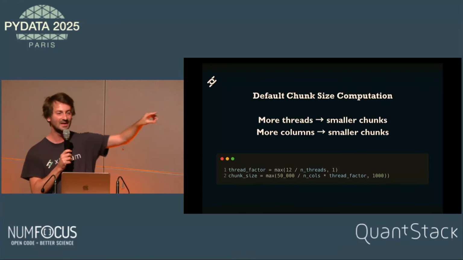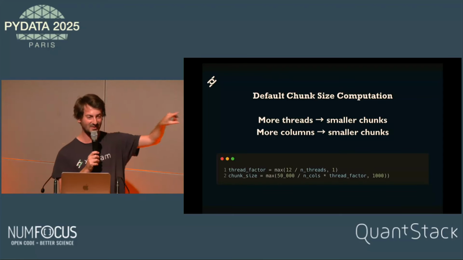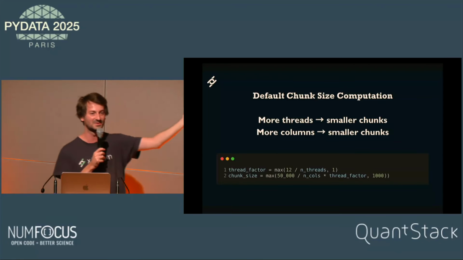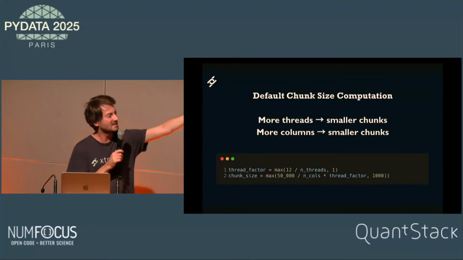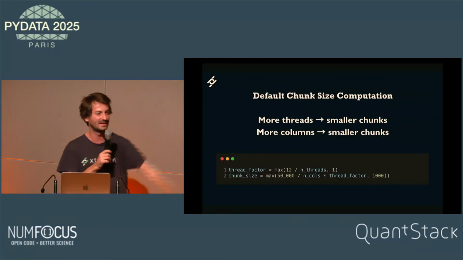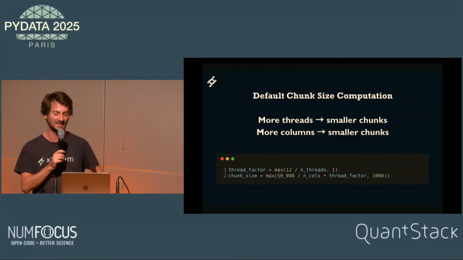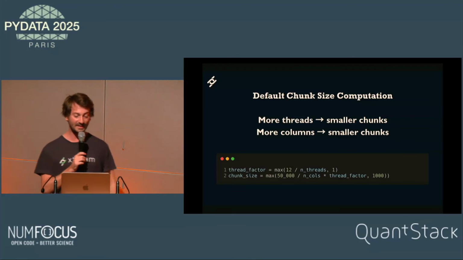Here is the code, which I've actually taken from the latest source code. Pandas is open source, so you can do it. You can go to the Pandas repository, scan through a bunch of Rust files, and get the source code that actually implements this heuristic.